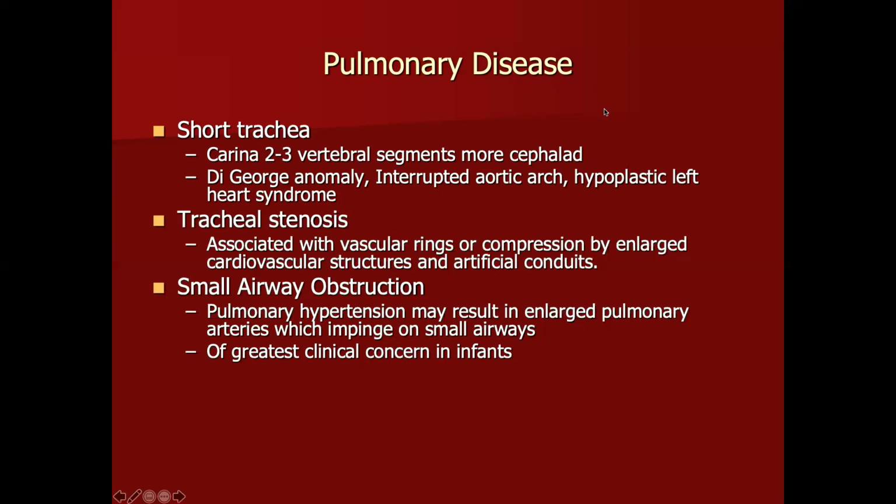You need to be careful of a mainstem intubation. Associated vascular rings or compression by enlarged cardiovascular structures may cause tracheal stenosis. And pulmonary hypertension may result in enlarged pulmonary arteries, which impinge upon small airways, and that is of greatest clinical concern in infants.